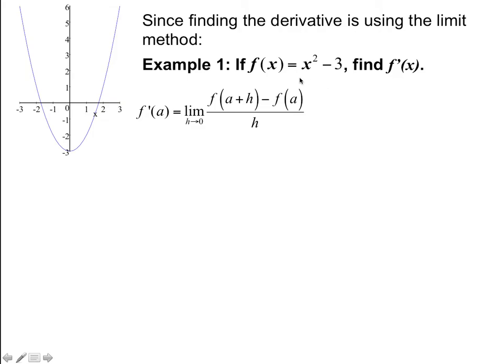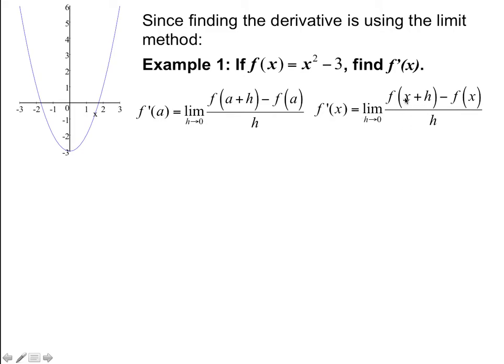So here's our derivative definition. The f prime of a equals the limit as h approaches 0 of f of a plus h minus f of a all over h. Now, if we had a specific point, we could stick that numeric value in there and do what we did in Chapter 2.